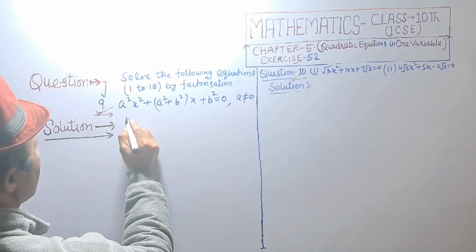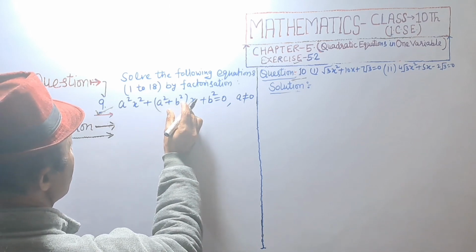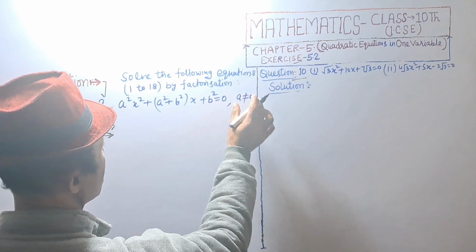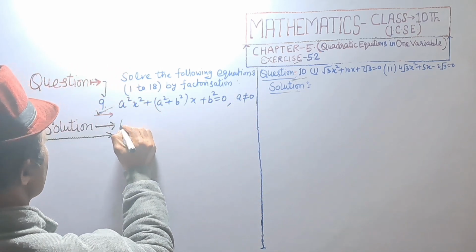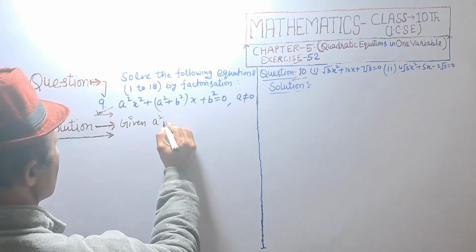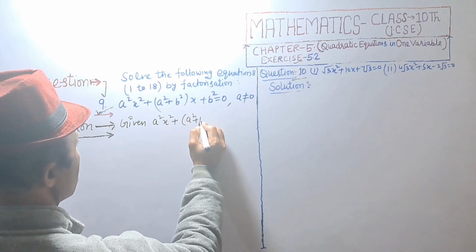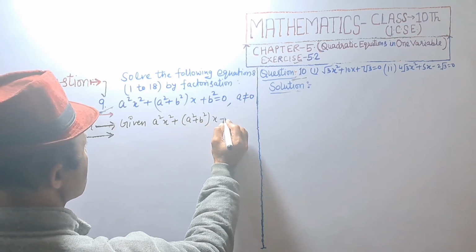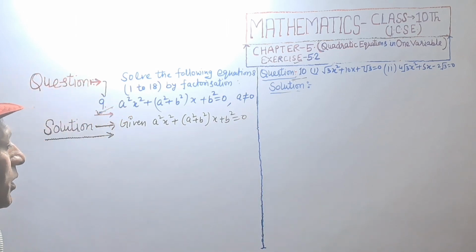Question number 9. a²x² + (a² + b²)x + b² = 0, where a is not equal to 0. Given a²x² + (a² + b²)x + b² = 0.